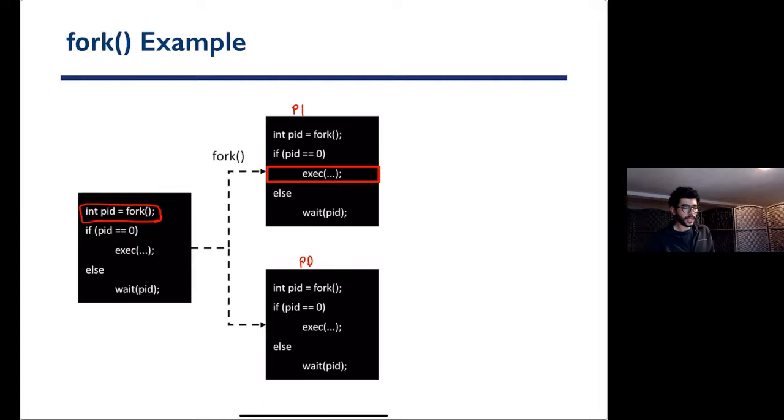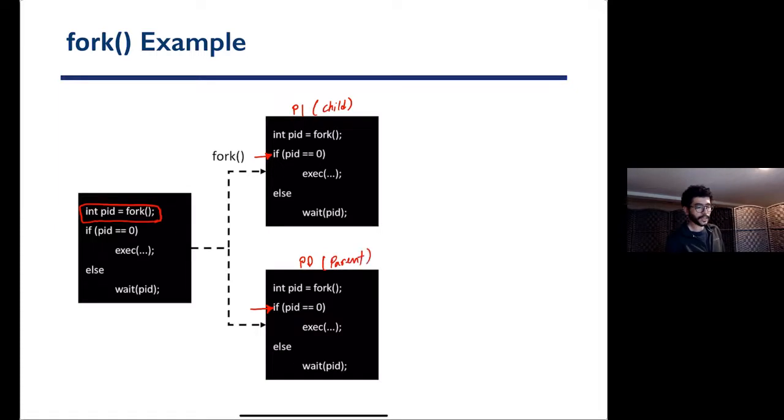Now both of them will be here, the next line after fork, right? So there are 2 copies of the same process, both at the next instruction after fork. Let's say this is the child and this is the parent.